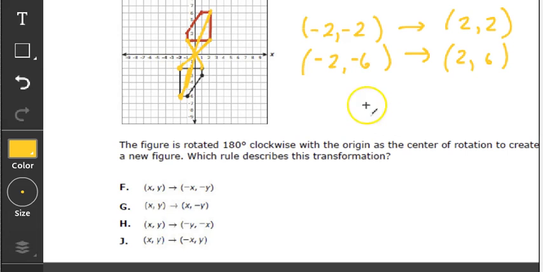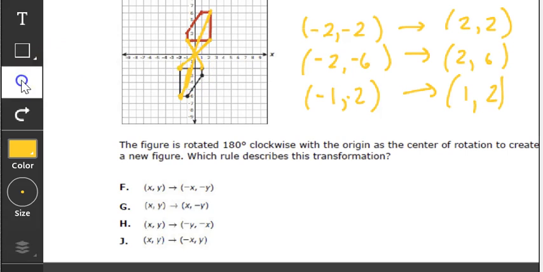-1, 2 went to 1, -2. Oh, excuse me, no, let's undo that one. Sorry about that. The point that I'm looking for was 1, -2.